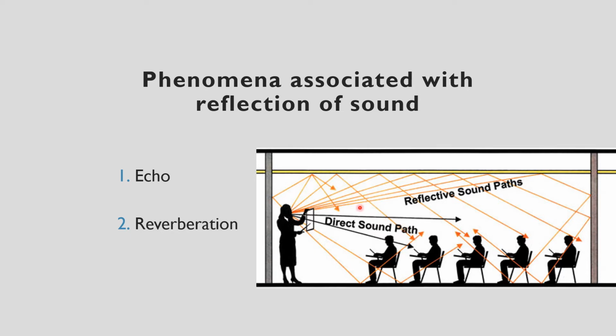So the direct sound comes to our ears and the reflected sound waves also come to the ear. The way of receiving these two types of waves causes these two phenomena, echo and reverberation. So we'll see what is echo and what is reverberation in detail.